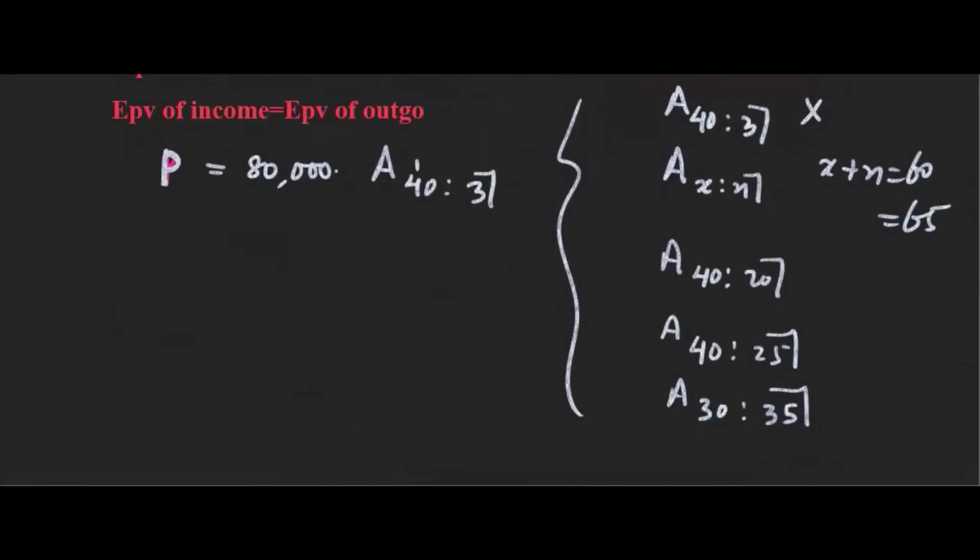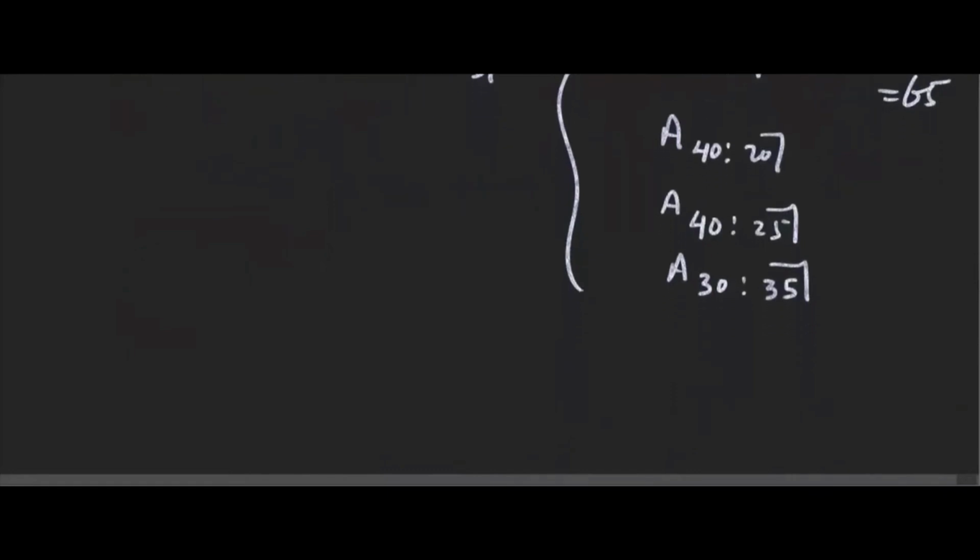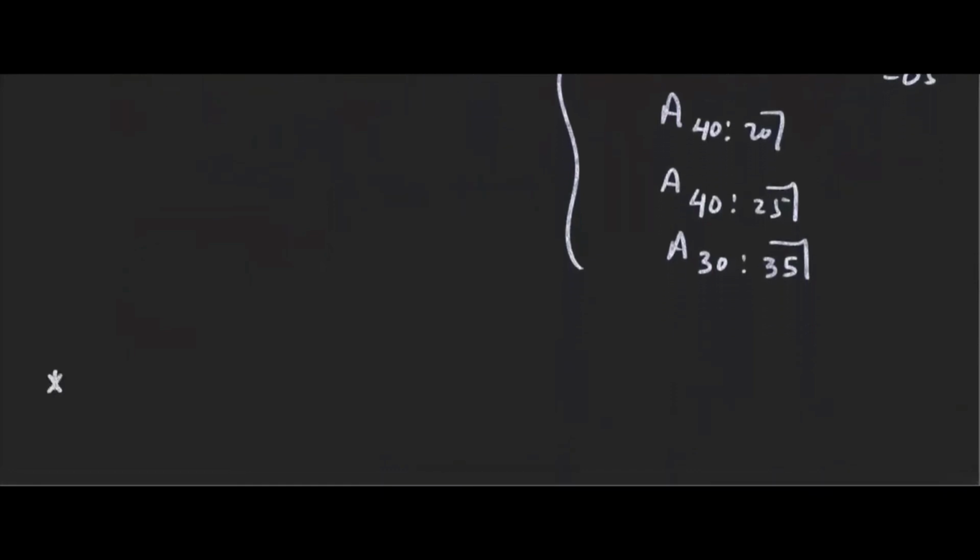So if x plus n is not 60 or 65, there is another formula. Okay, I'm writing here. Just remember, we'll derive that formula. This is one formula, A_{x:n}^1. This is for the term assurance. The formula is A_x minus P_{x:n} v^n A_{x+n}.